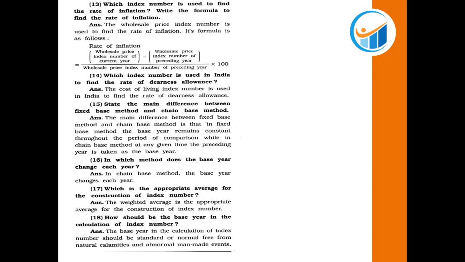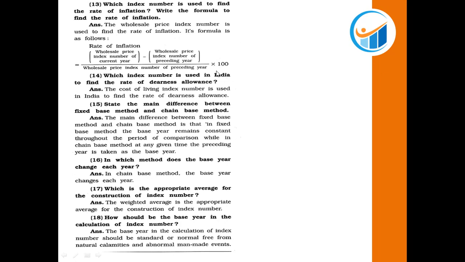What is asked, students? Which index number is used to find the rate of inflation, and write the formula to find the rate of inflation. The wholesale price index number is used to find the rate of inflation, and its formula is very simple: wholesale price index number of the current year minus wholesale price index number of the preceding year, divided by the wholesale price index number of the preceding year, into 100.